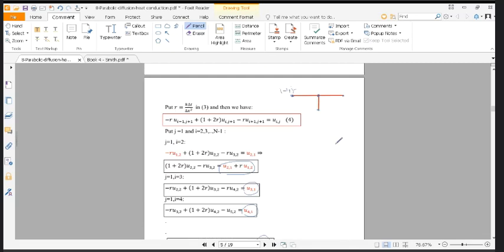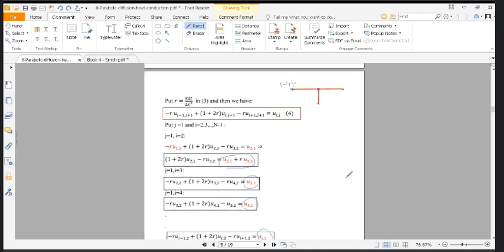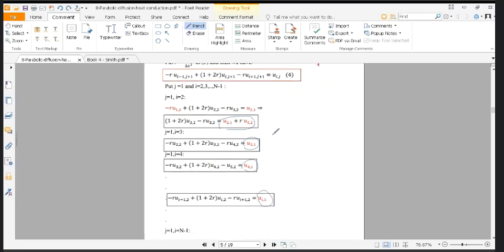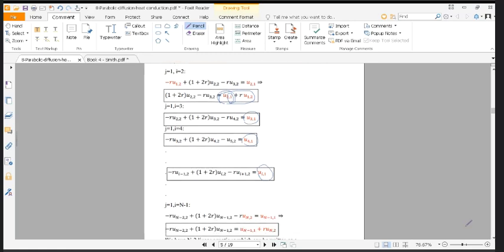If you are careful, you see that for the first equation and for the last equation, in addition to the value of u at time level 1, we have the value of the point at the boundary.